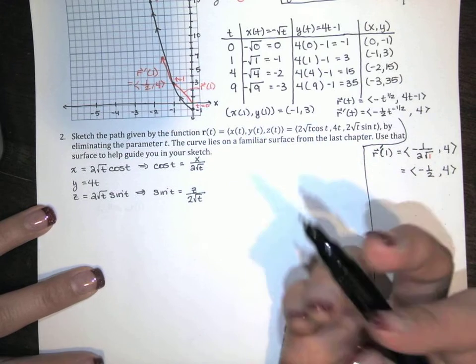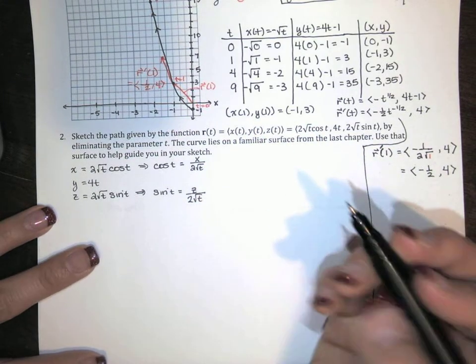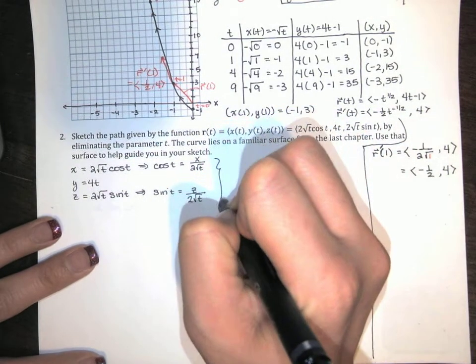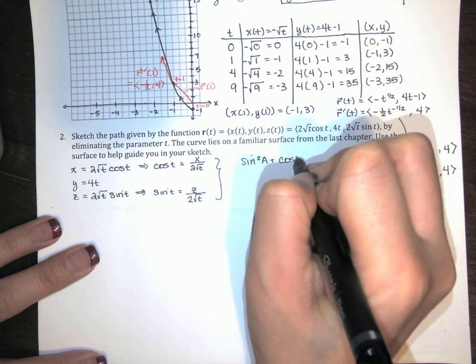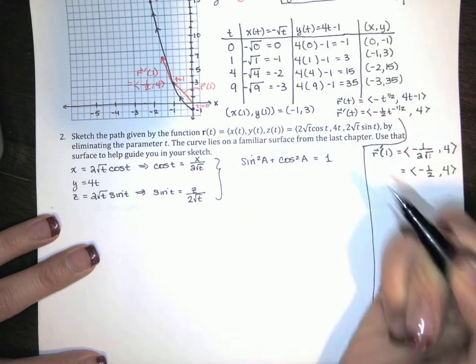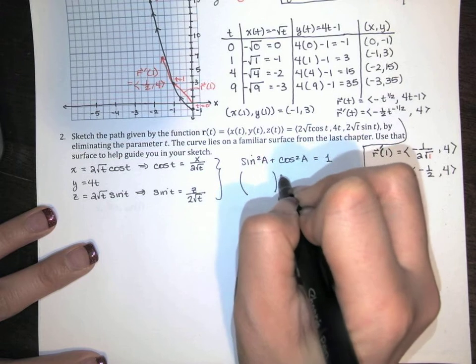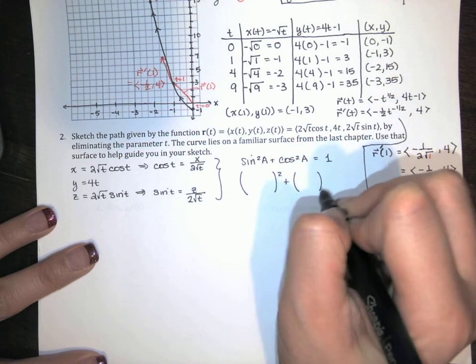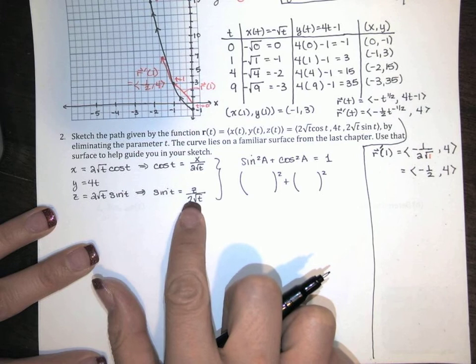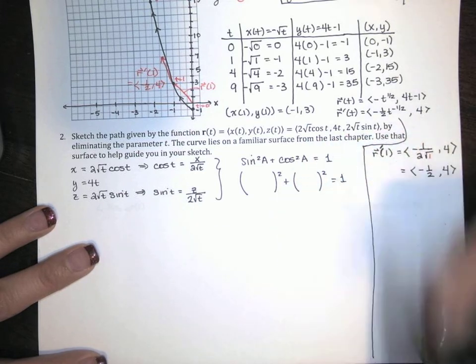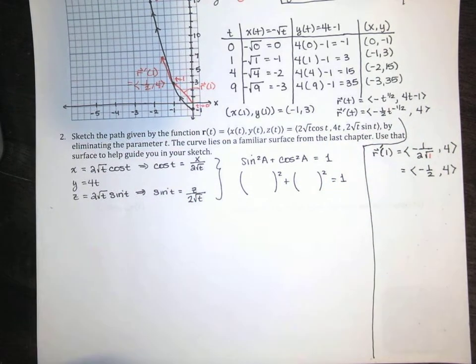Well, we know from trig that sine squared plus cosine squared is 1. So we're going to put those two pieces together. We've got sine squared of an angle plus cosine squared of the same angle equals 1. And I'm going to replace my sine of the angle, which in this case is t, with z over 2 times the square root of t. Just substituting this in for sine of a.